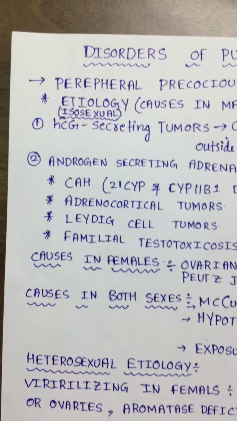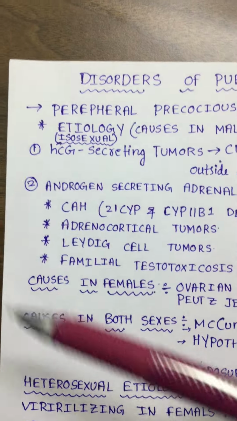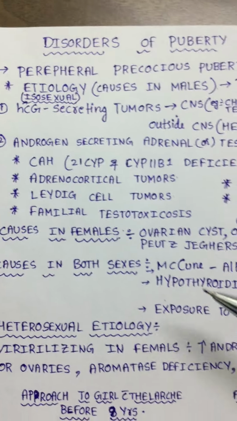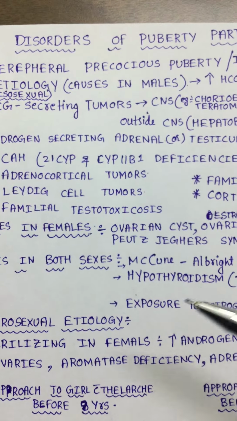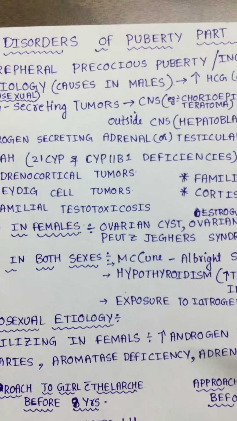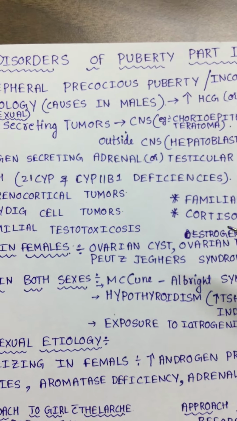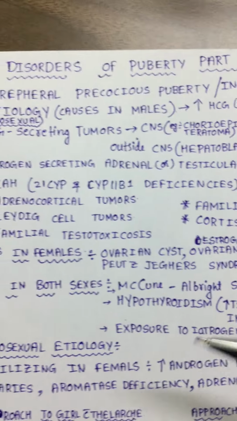So now we have discussed the isosexual causes of peripheral precocious puberty in males, females, and in both sexes. In both sexes: McCune-Albright, hypothyroidism, and exposure to exogenous and iatrogenic sex steroids.